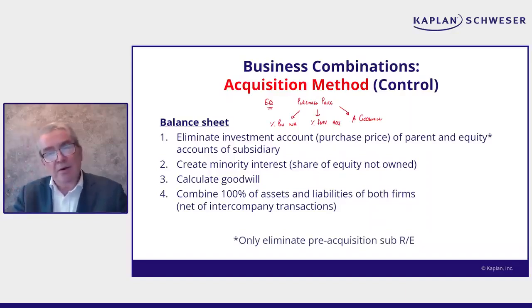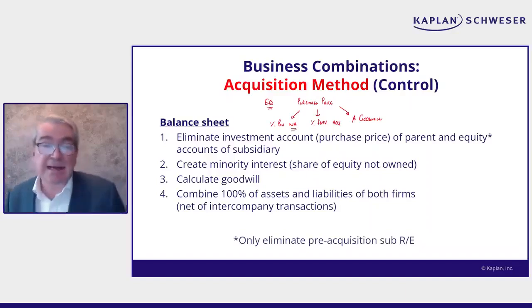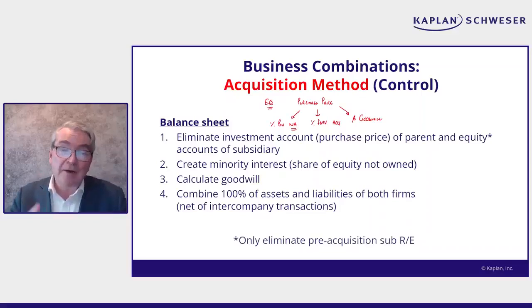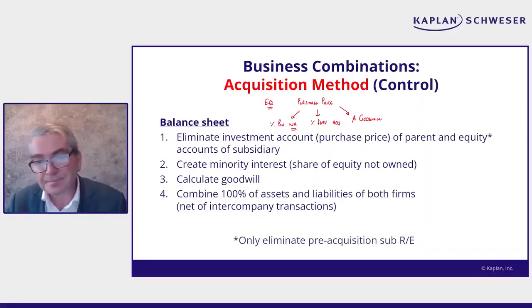Well, what we're going to do under group accounts is we're going to show all of these items separately. And in fact, we're not even going to net the assets against liabilities. We're going to bring in 100% of the assets and liabilities on a line-by-line basis.